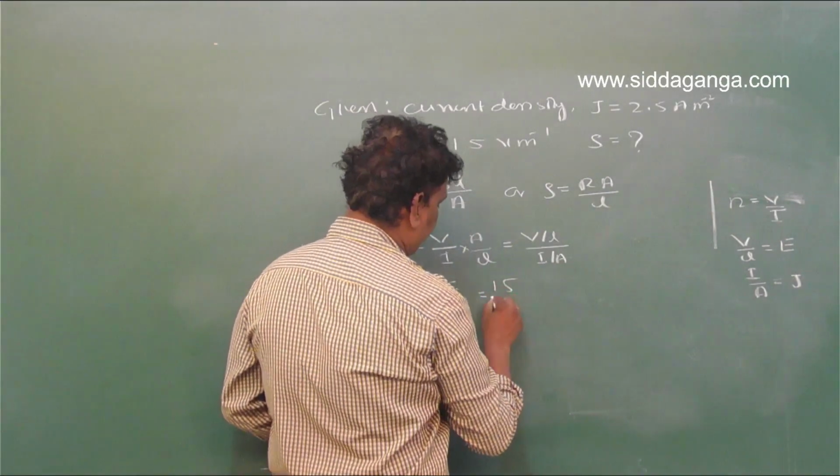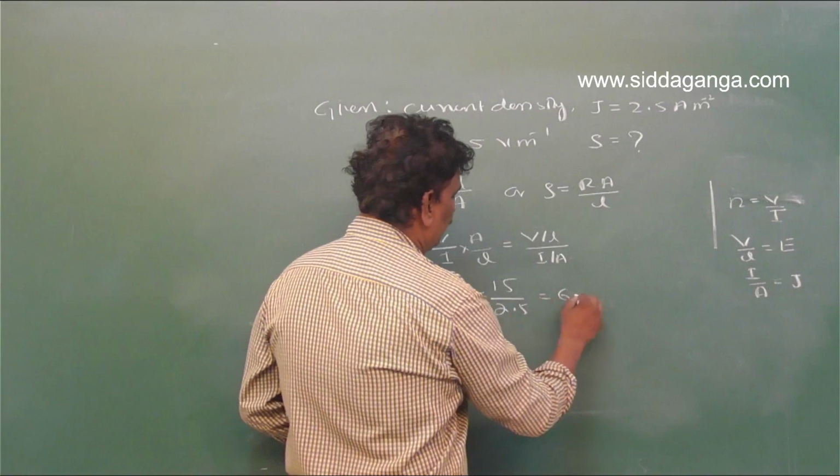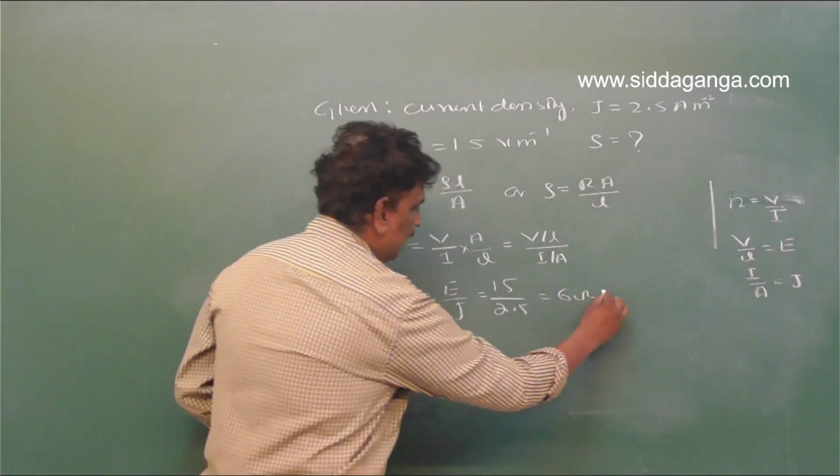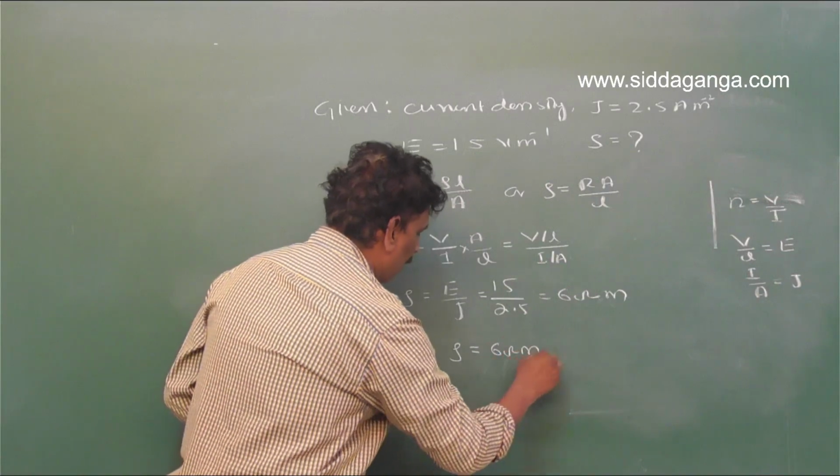This is 15 divided by 2.5, that is equal to 6 ohm meter. So the resistivity of the given wire is 6 ohm meter.